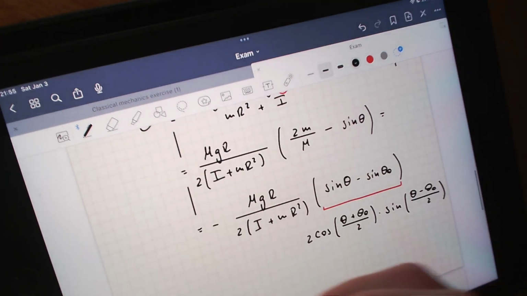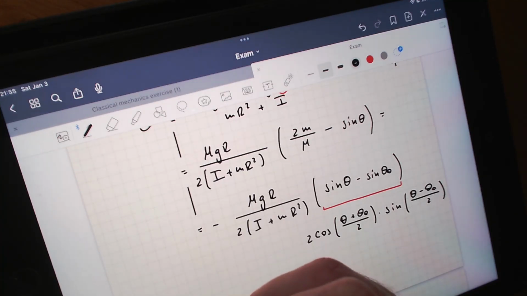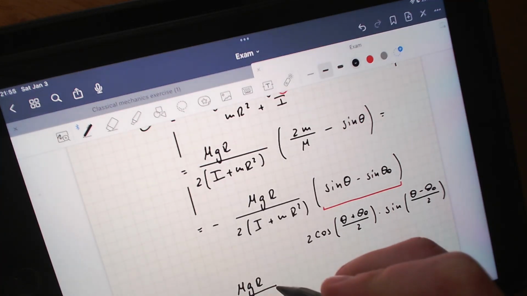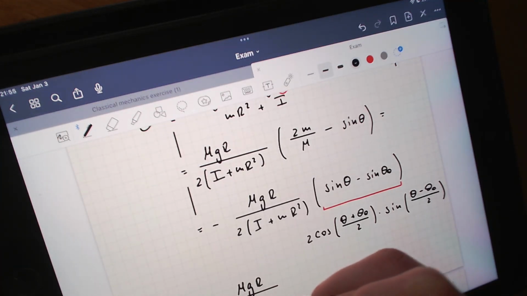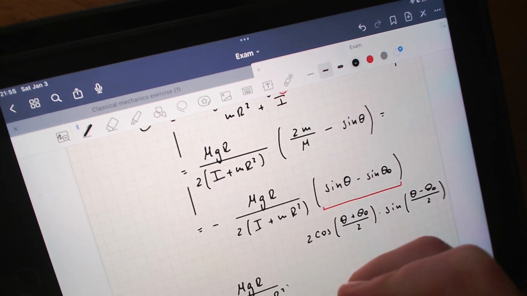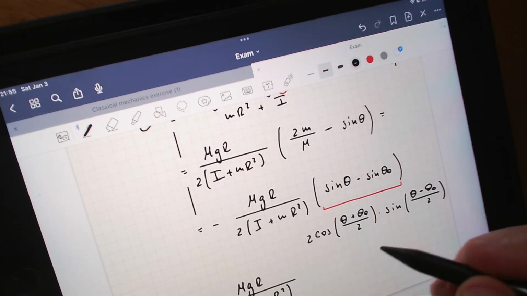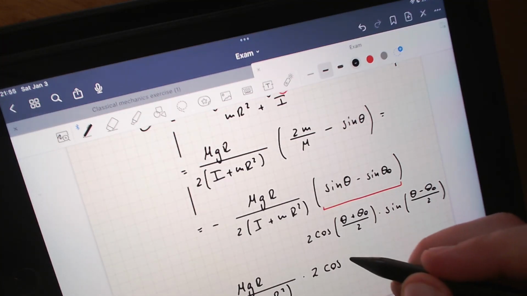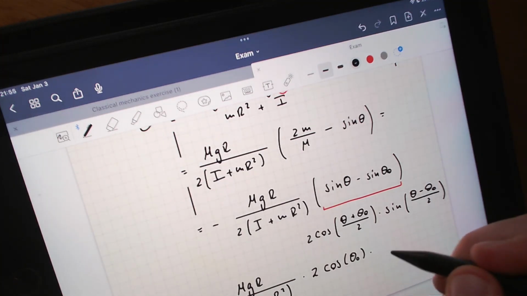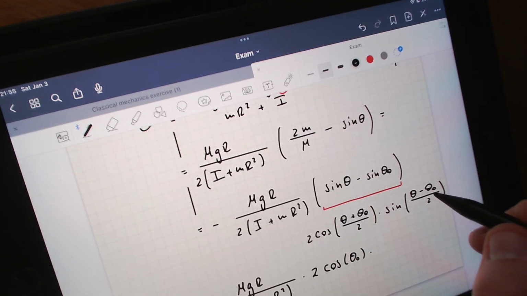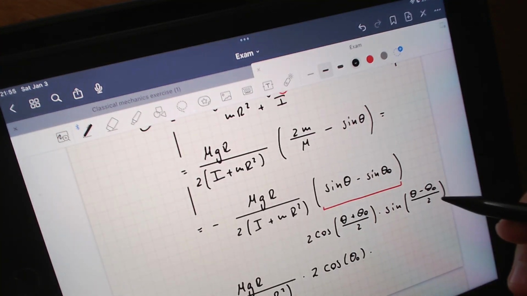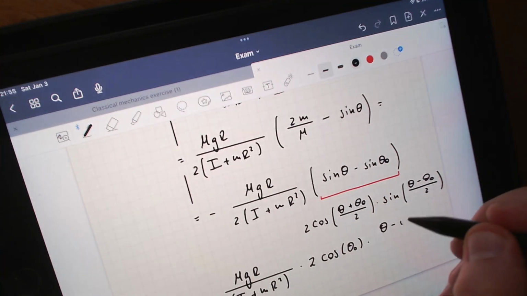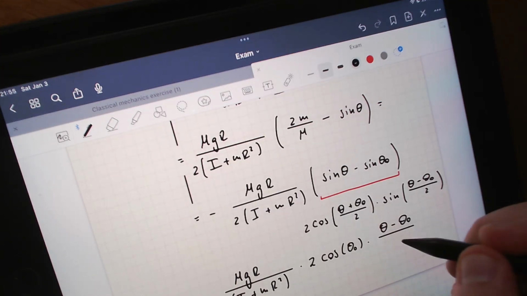So that means that the angular acceleration will be minus mgr over 2I plus mr squared, and as we said, we have again 2, then we have cosine of theta 0 times the angle here, because theta minus theta 0 goes to 0, so the angle is theta minus theta 0 over 2.